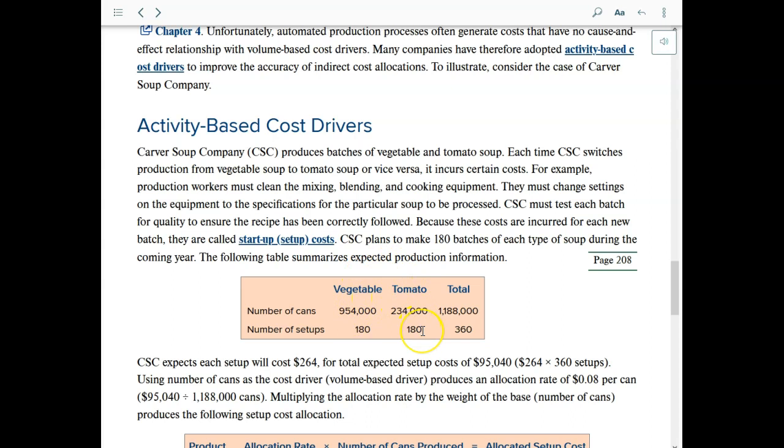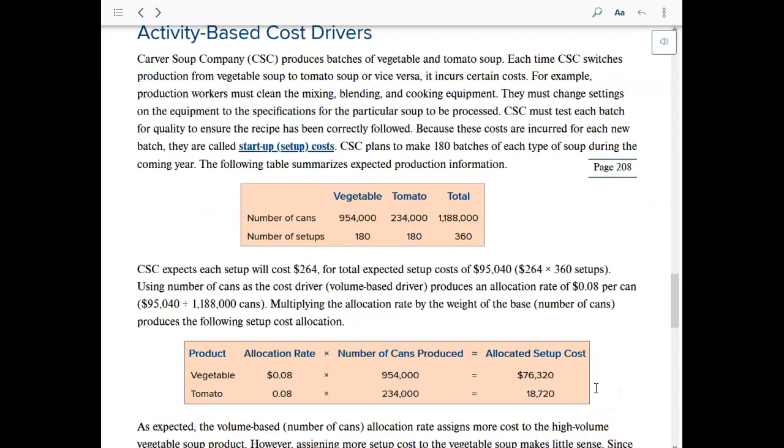Now, if the company decides we're going to allocate this setup cost based on number of cans produced, then you would take the $95,040 divided by the number of cans of everything produced during the year, 1,188,000, and that's 8 cents per can as the allocation rate for setups.